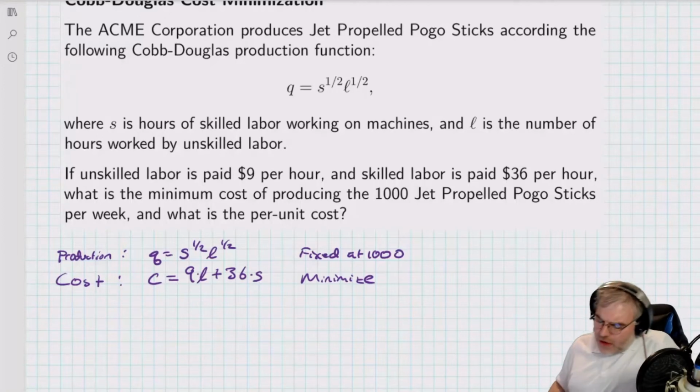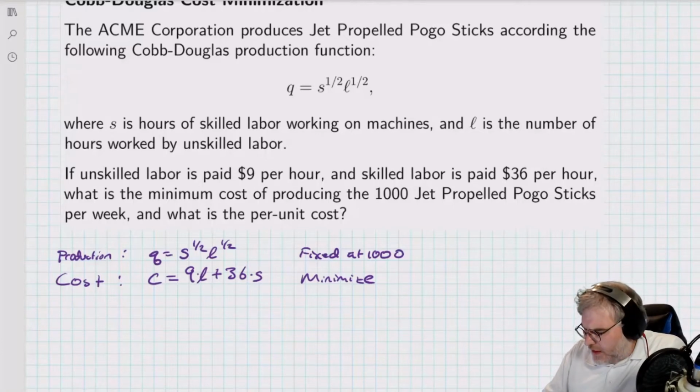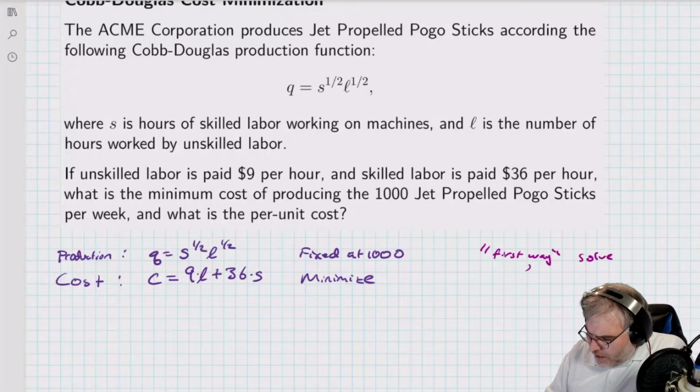Okay? Now, normally what I would do is I'd solve for one of these variables. Right? So the normal way, or the first way, solve for L or S, and then plug into C to get an equation with one unknown.